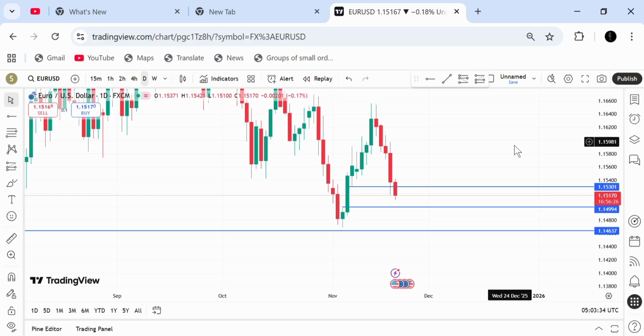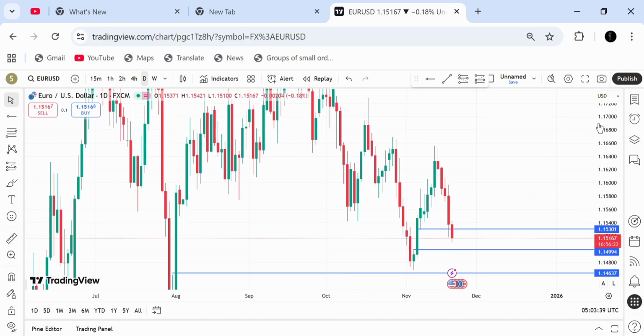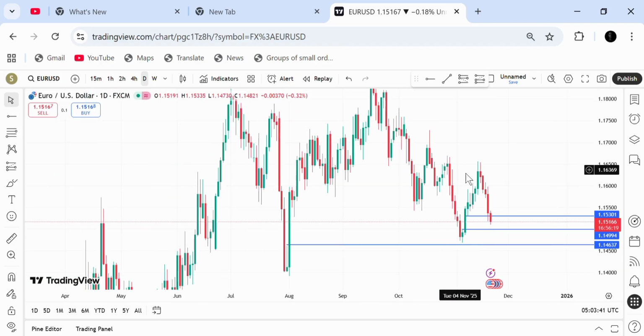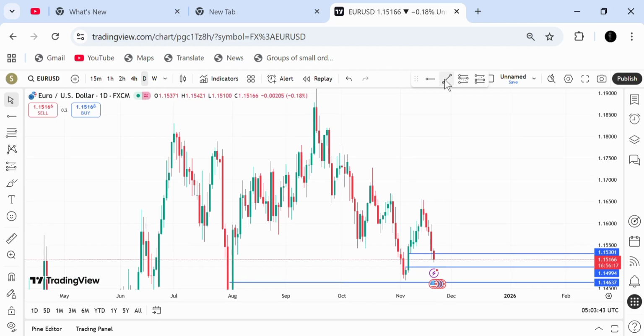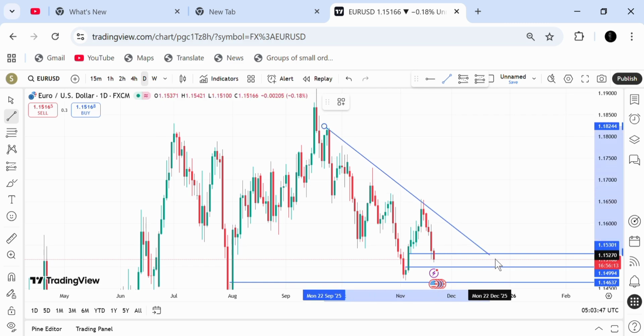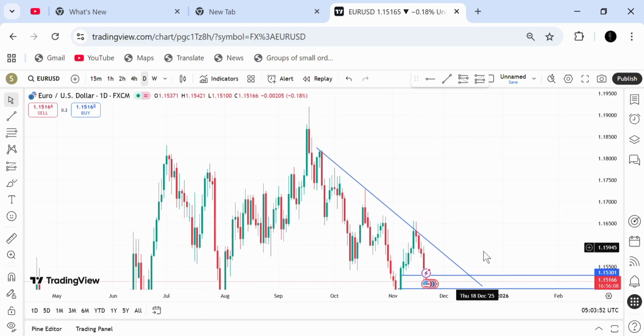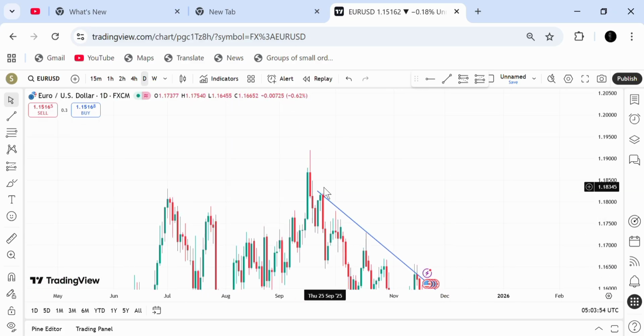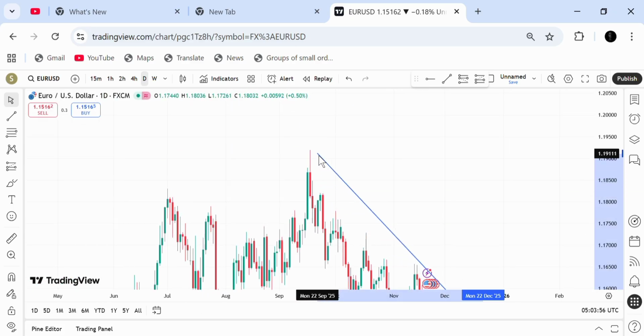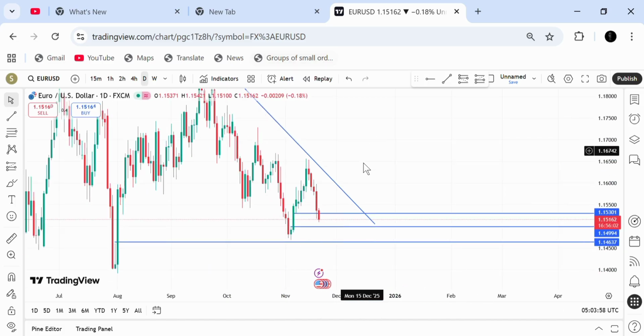Remember, in the daily time frame we are bearish. In the weekly time frame, we're just seeing a little retracement, but in the daily time frame, we are bearish. Euro USD is bearish. You can see all these rejections. You can start from here if you want, from here down.